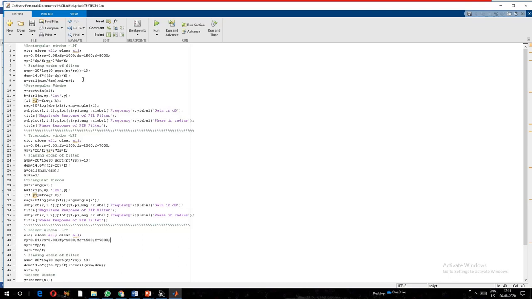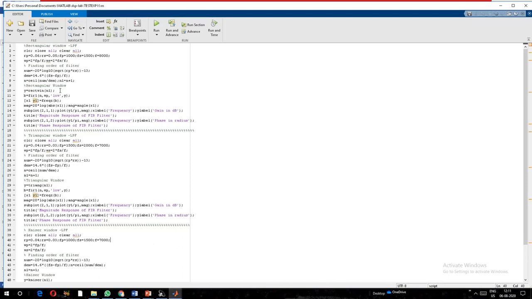To get an integer value for the order, we take the ceiling of numerator by denominator. The filter runs from 0 to n, but we consider both sides, so we take n1 equal to n plus 1.